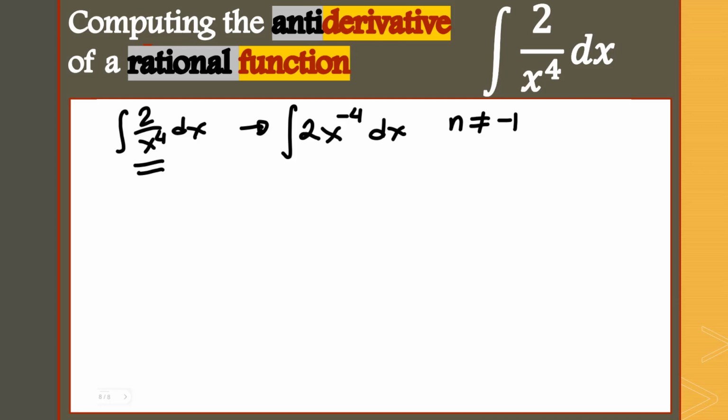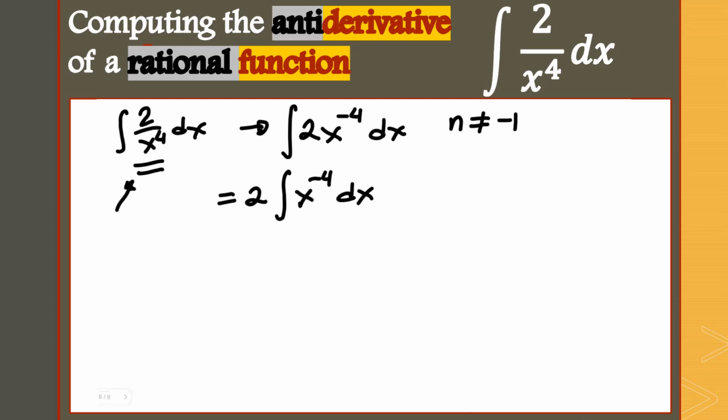In the first place, it's identified as a rational function because it has a variable in the denominator, but once we structure it in this manner, the power rule is applicable, and of course the constant multiple rule as well. So we can take out our constant multiple of 2 and have the integral of x to the power of -4 with respect to x.